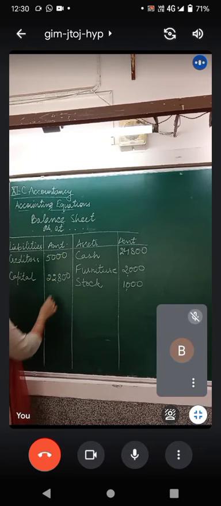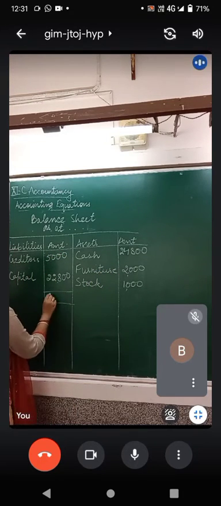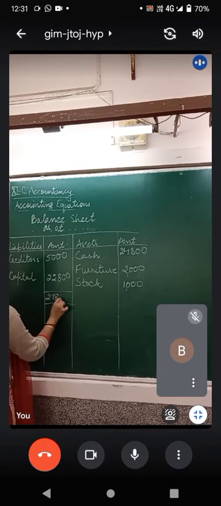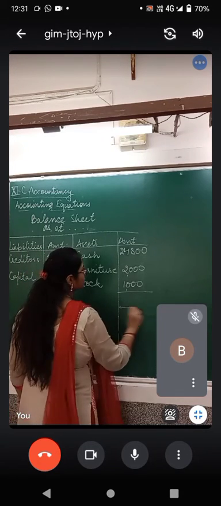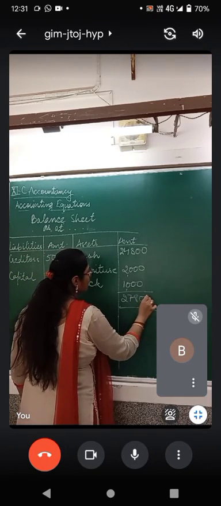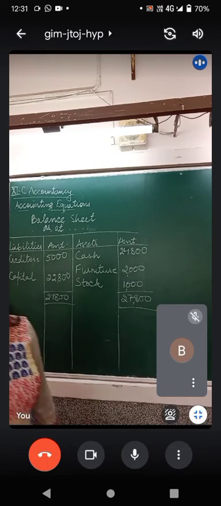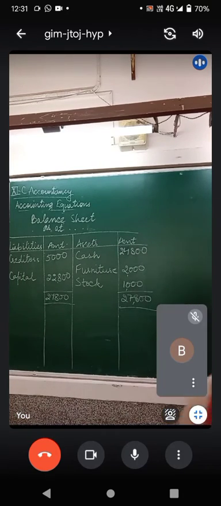For creditors, furniture for rupees 2,000 and goods on credit worth rupees 3,000. A total of 5,000, right? So this turns out to be 27,800 and this also turns out to be 27,800. This is how the balance sheet tallies with rupees 27,800.